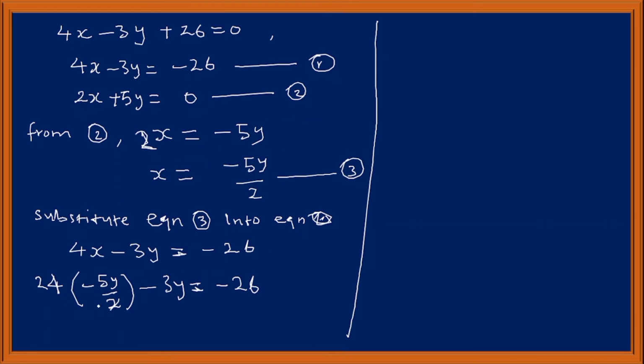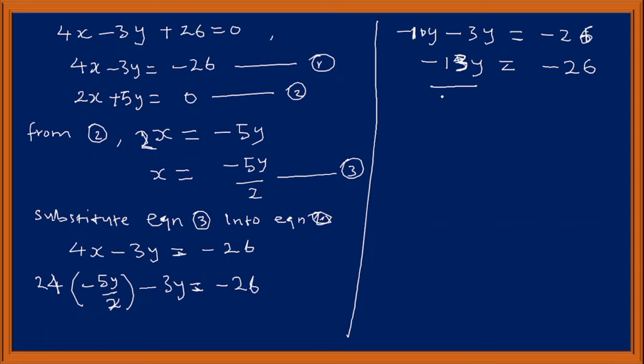So 2 times minus 5y will give me minus 10y, minus 3y is equal to negative 26. So this is negative 26, not any other number. So this is minus 10y minus 3y, that will give me minus 13y. So minus 13y is equal to negative 26.